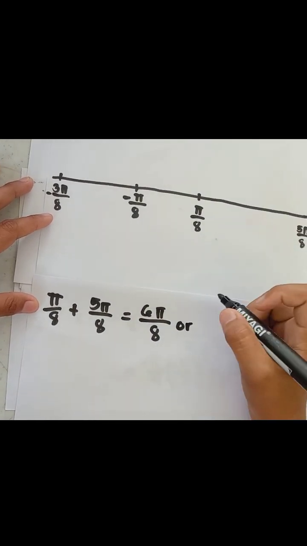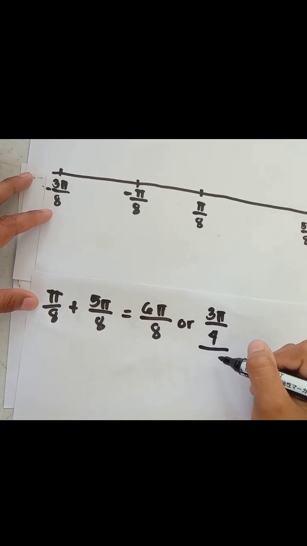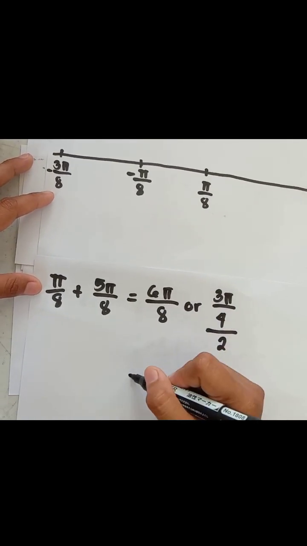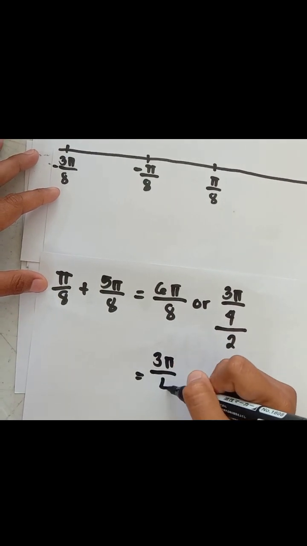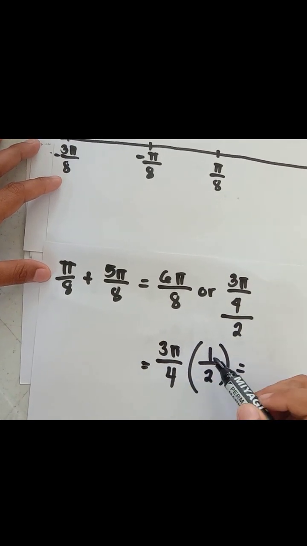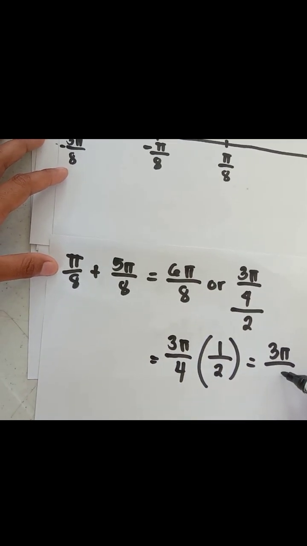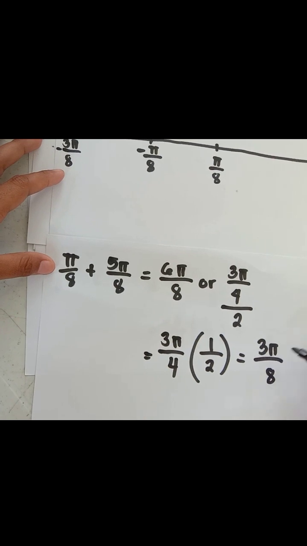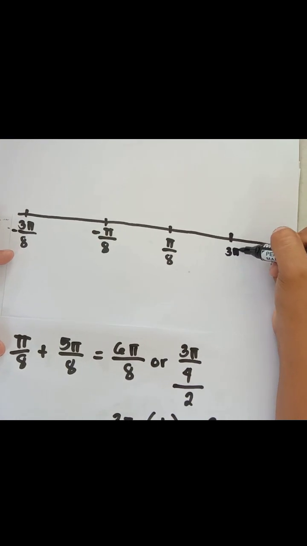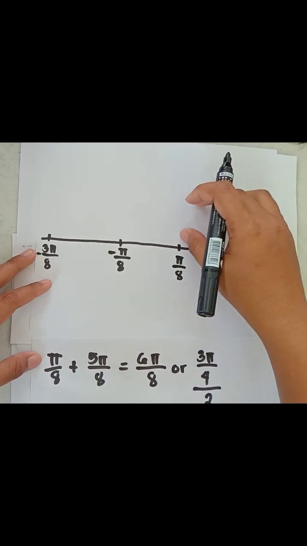Or reduce to the lowest term, 3 pi over 4. Divide by 2. So, reciprocal the 1/2. So, the answer is 3 pi times 1 equals 3 pi. Then 4 times 2 equals 8. And this is the point, 3 pi over 8. And now let's draw a y-axis here.